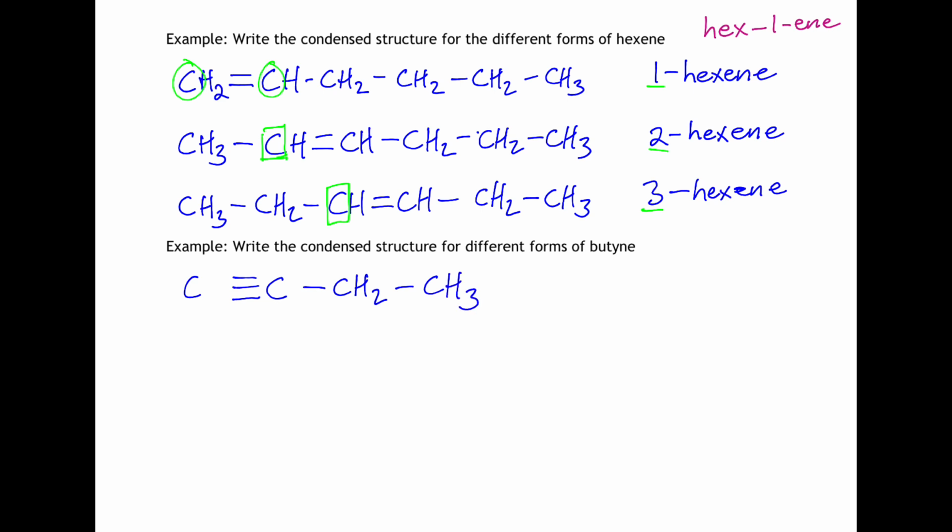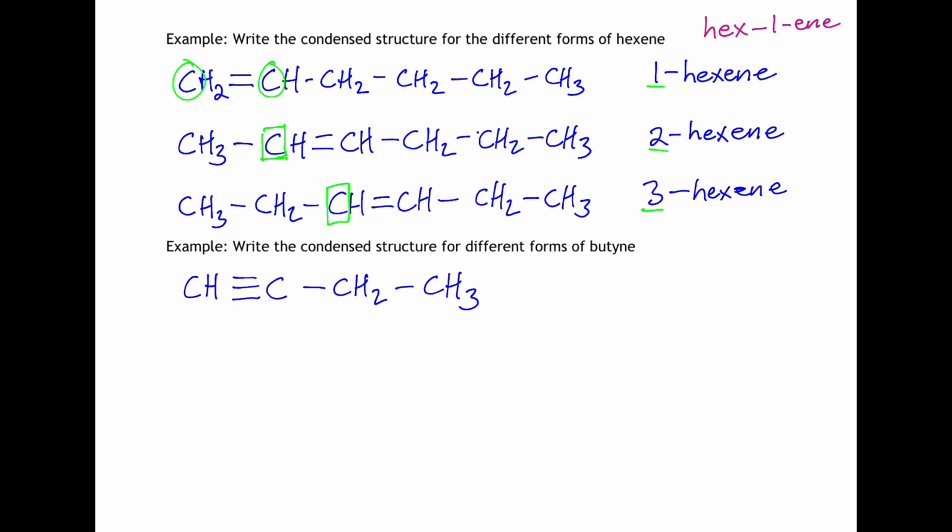I'm leaving the space here to get how many hydrogens each chunk will need. How many hydrogens do I need for this very first carbon? I need 1 more hydrogen. This carbon sees these 3 bonds, so it's missing one, so it needs 1 more hydrogen. So in this case, we write an H here.